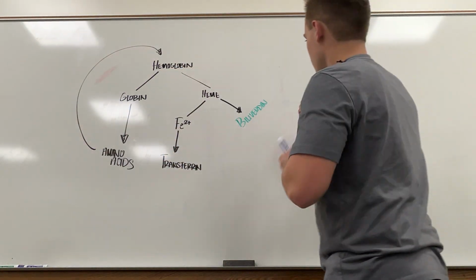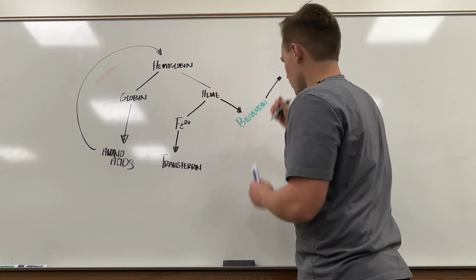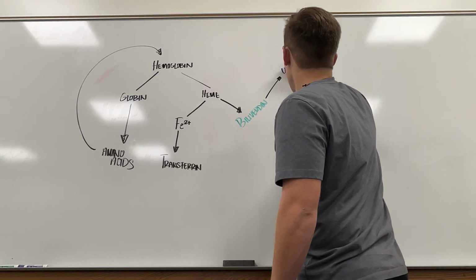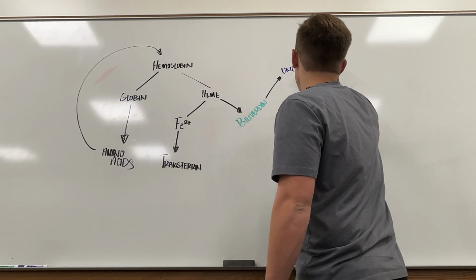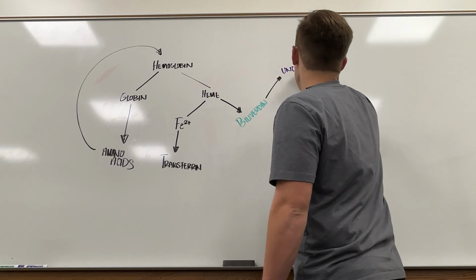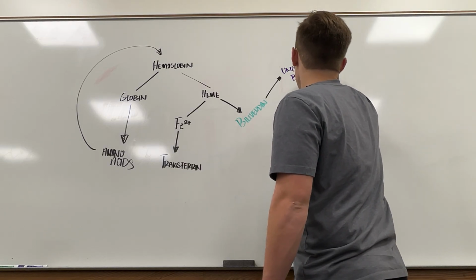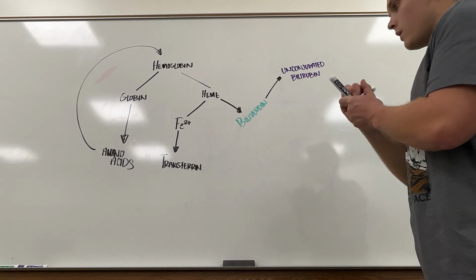Biliverdin is going to get transformed into something called unconjugated bilirubin. You might have heard of bilirubin before. So unconjugated bilirubin, we're now in the liver, okay?